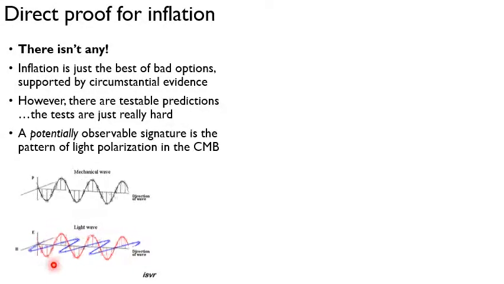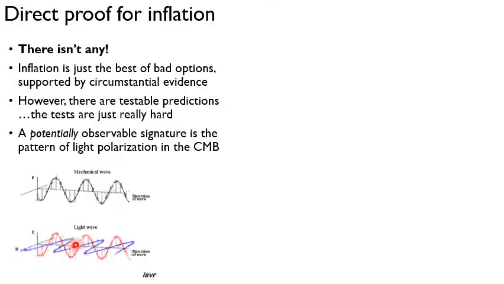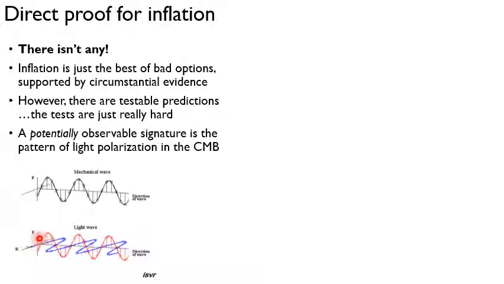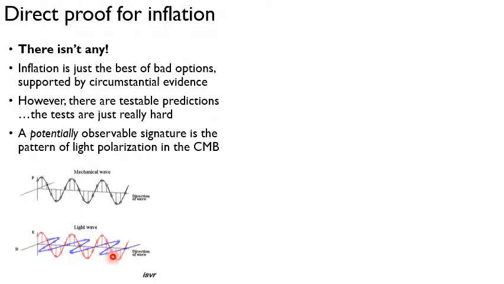So they're increasing or decreasing. And when you make this picture here, this particular photon is oriented in one particular direction. So the electric field strength increases up and down and up and down, and that's it. And so this photon here is polarized.